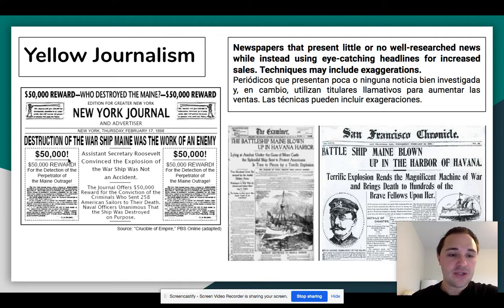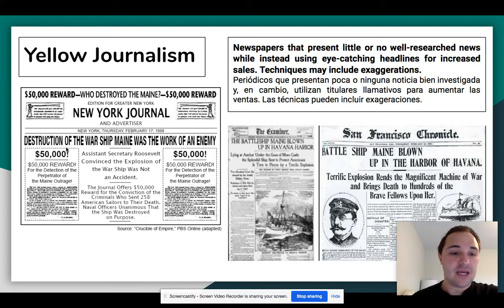So if these are the ways that the people are learning about the world and what other countries may be doing to us, it sparked anger. It sparked a sense of energy within the American people to fight back and to fight in a war and declare war on Spain for what they did.